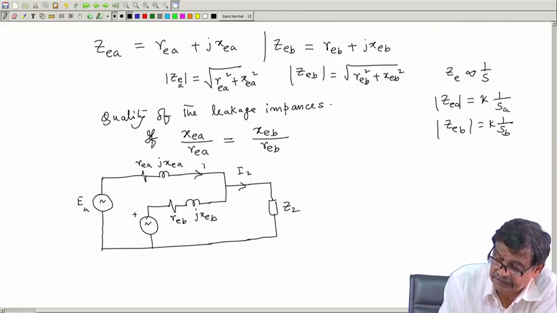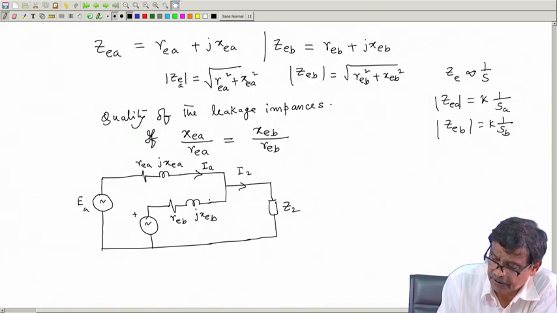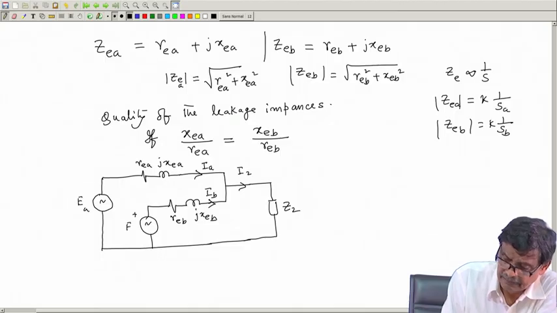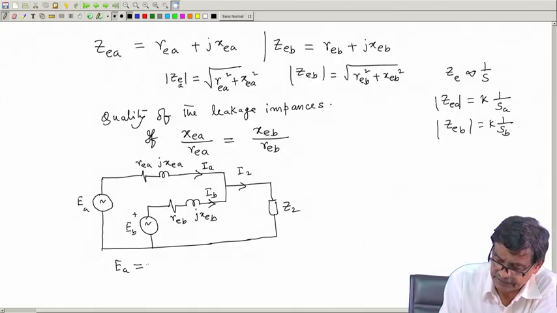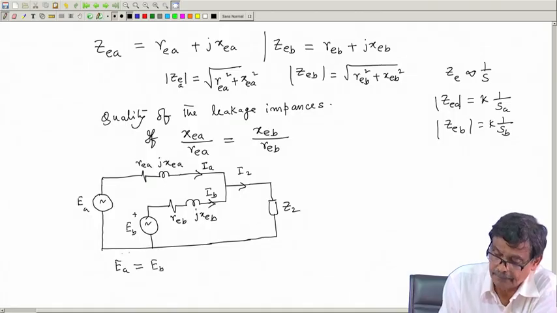These are all phasors, I am putting magnitudes with the modulus sign, IB. And let us assume that EA is equal to EB, that is the case we are studying. These two phasors are the same.